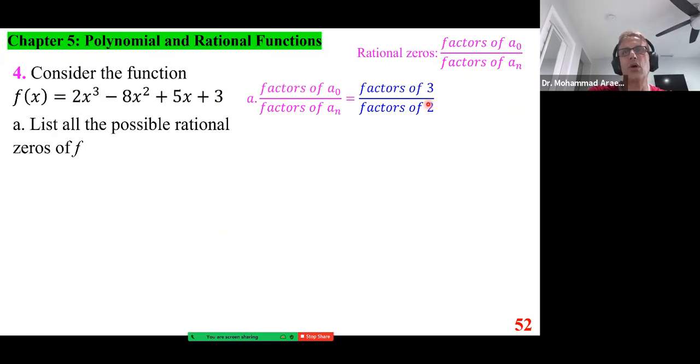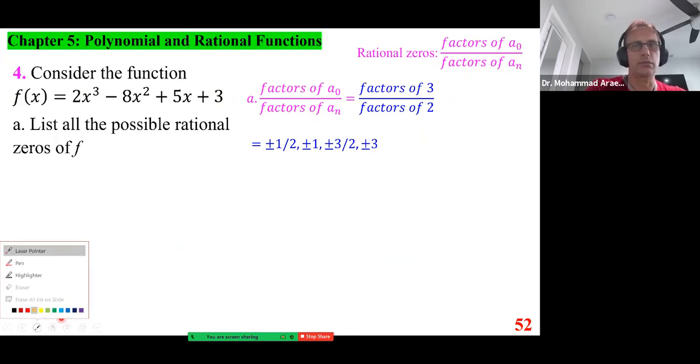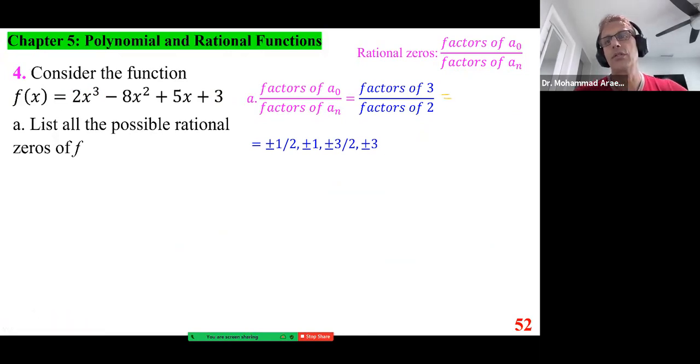Factors of 2: 1, negative 1, 2, negative 2. In other words, if we were to write it in this fashion, the top is plus or minus 1, plus or minus 3. The bottom is plus or minus 1, plus or minus 2. And that results in those numbers.